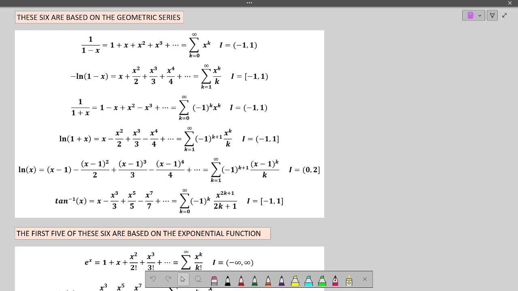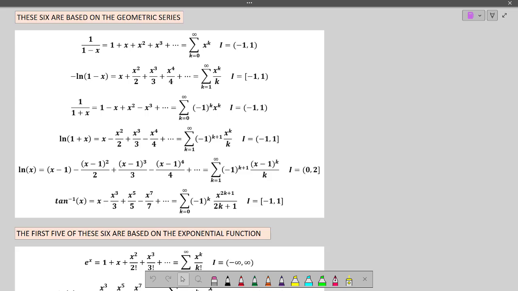To get to this power series, I replaced x with negative x. So we've got this power series here. If I turn all the x's into negative x's, boom, we get a new power series. Turns out it will have the same interval of convergence. I call this one the alternating geometric series, because it's alternating. So we took the geometric series and made it alternate.